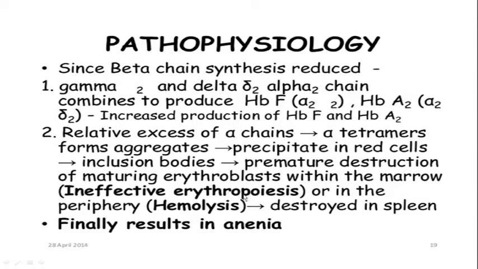Very important, this is ineffective erythropoiesis or extravascular hemolysis. These defective RBCs will be destroyed in the spleen, and eventually it will lead to anemia. There will also be increased production of HbF and HbA2, and that will further worsen the hypoxia, because HbF, the fetal hemoglobin, has a high affinity for oxygen and doesn't let oxygen be released to the tissues.